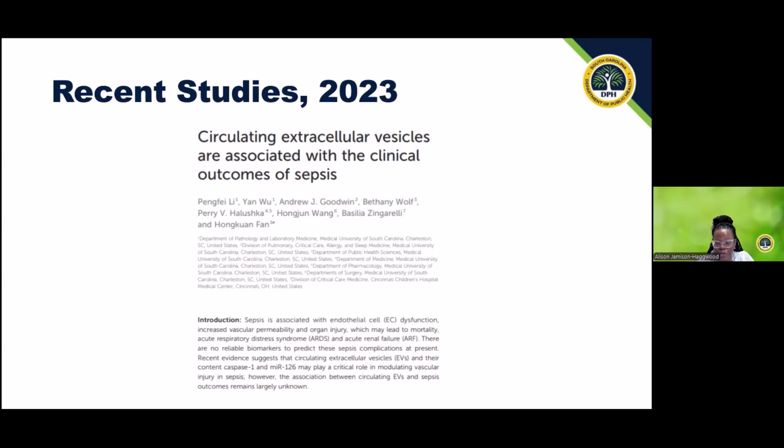So the MUSC research team hopes that by studying the proteins and RNA found in EVs, sepsis severity can be predicted, allowing treatment to be tailored to the individual patient. So that's hopefully coming soon. They did this in 2023, and now it's 2025, so hopefully they're close to identifying how they can use this test to identify those patients with sepsis.